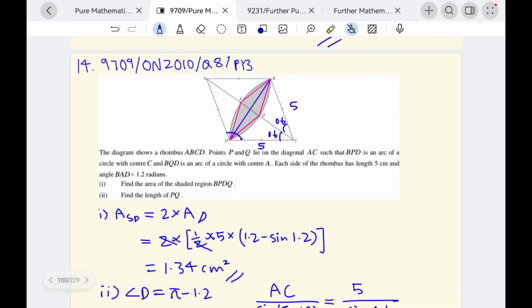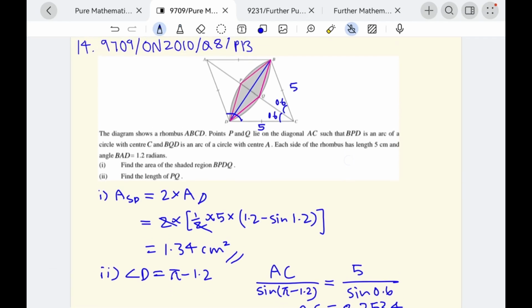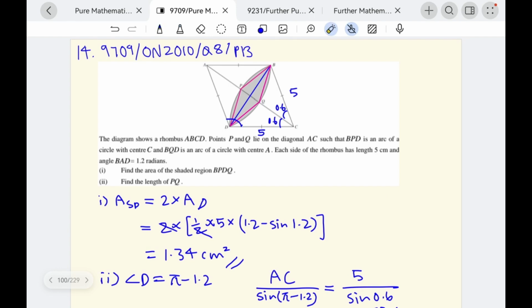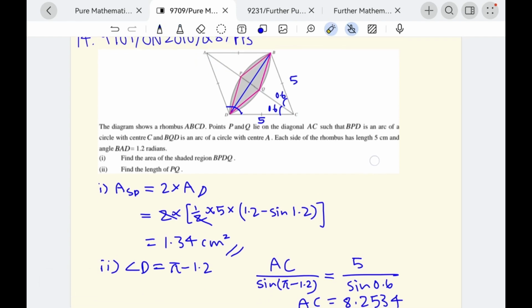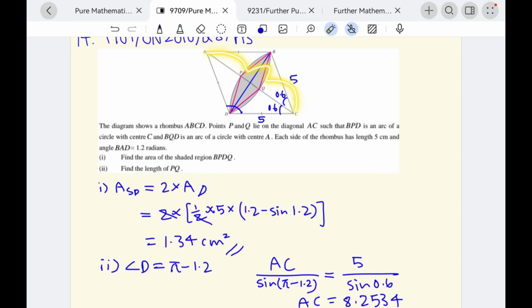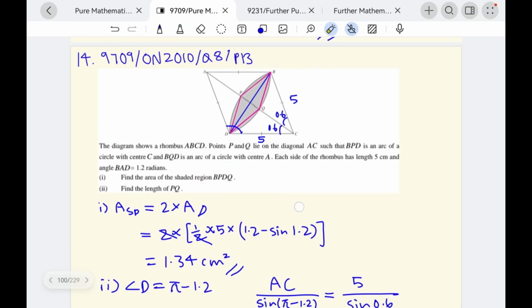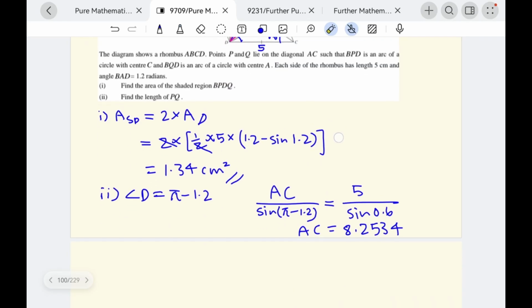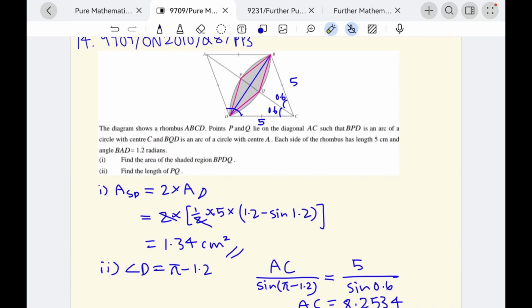So how to get the length of AP? Remember that you have obtained AC as 8.2534, right? If you want to get AP, you should recall that this is the radius of 5. If you turn following the arc, you must be aware that PC is the radius, which is 5. Also recall that the length of AP equals the length of QC.